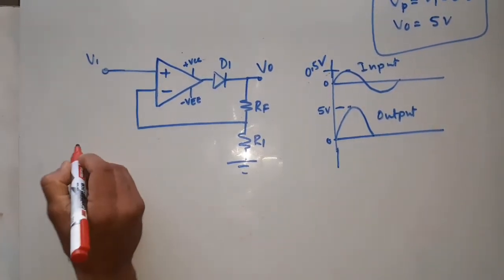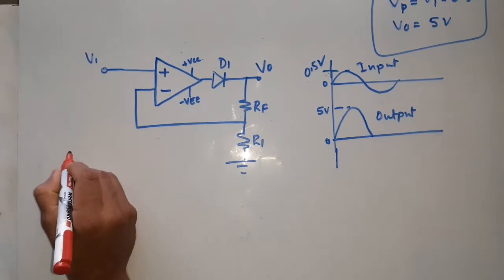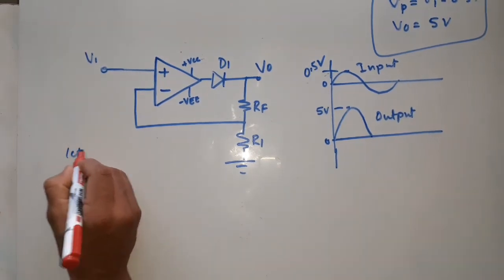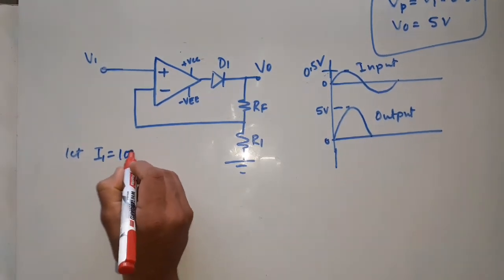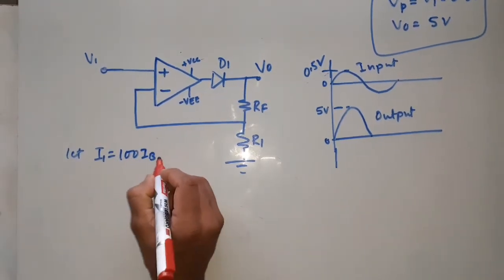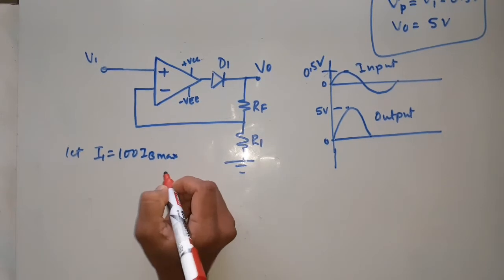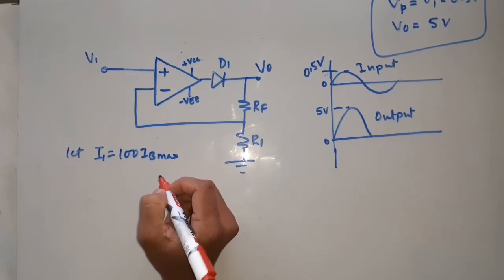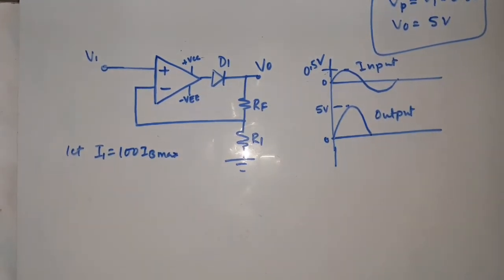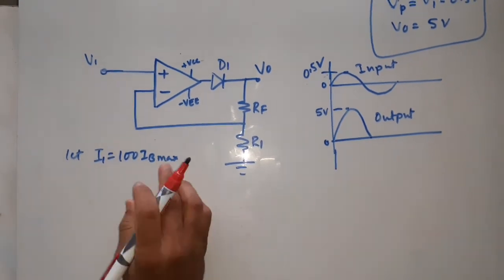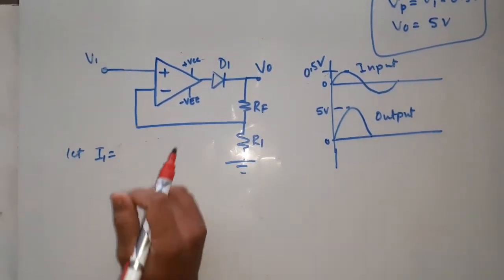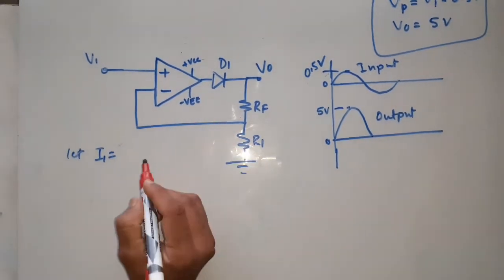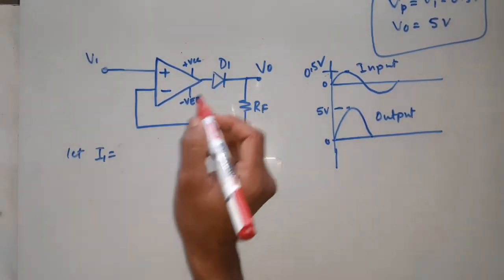Now what current will you choose? Let current I1 be 100 times IB max. But the change is, since we are having diodes here, whenever we are using diodes, we require more current to drive this.